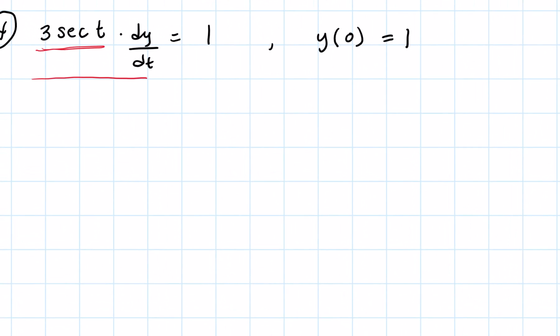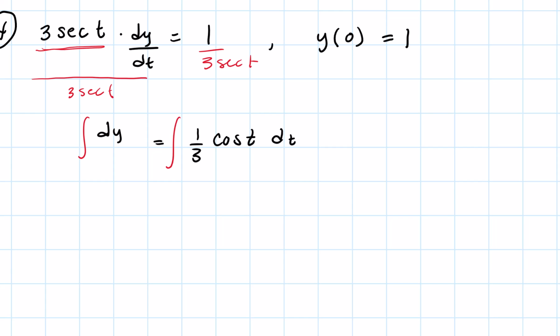I'm going to start by dividing both sides by 3 secant of t, and then I'm going to find dy/dt is equal to, this actually becomes 1/3 cosine of t, and I'm going to separate the differential. So I'm going to move the dt to this side with the function of t so that I will be able to integrate both sides and determine the solution.